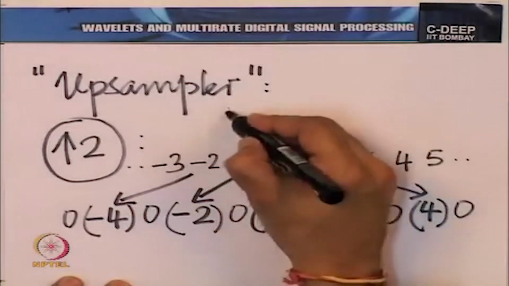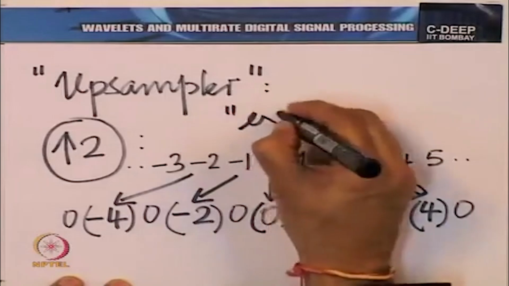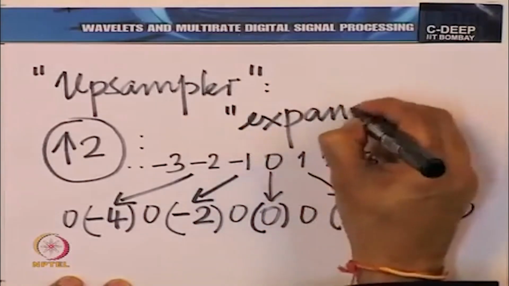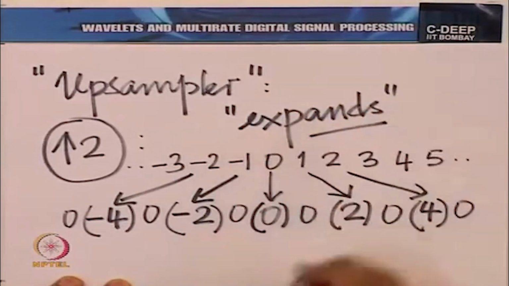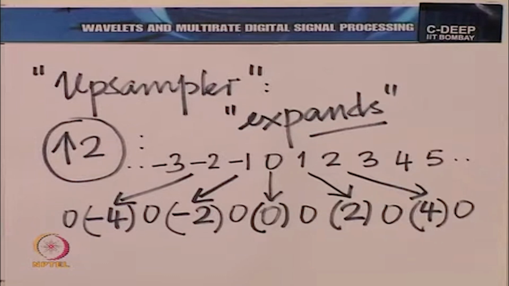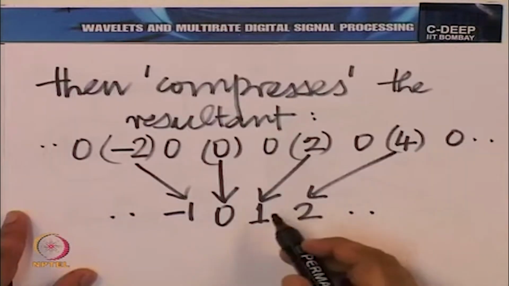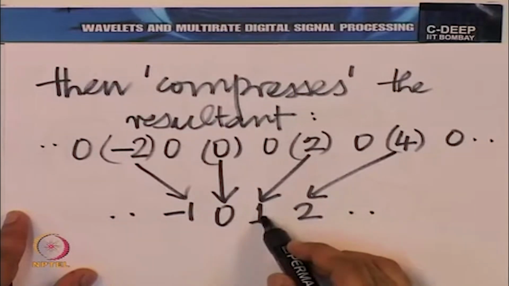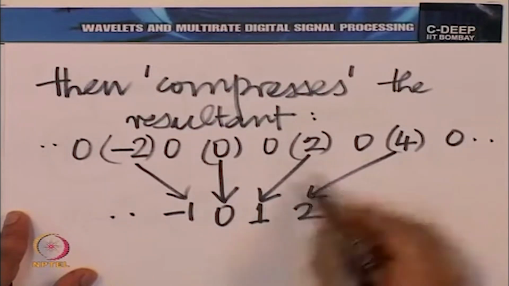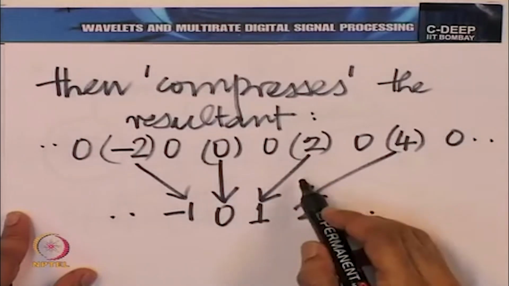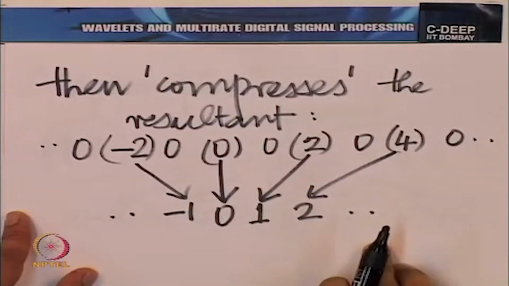An upsampler also expands in some sense. So, some people like to call it an expander also, because it in some sense outdoes this last step that a downsampler does. You know, if you think about it, this last step which a downsampler does, namely compresses by removing zeros, is outdone by the upsampler. We should make a note of that, it is important.